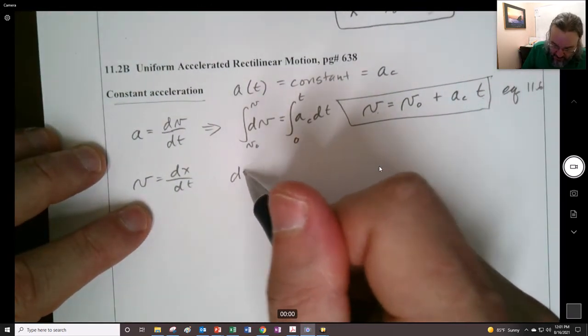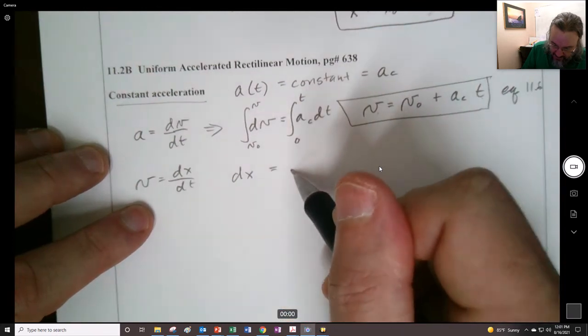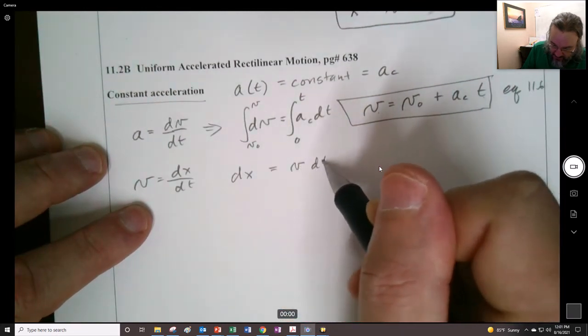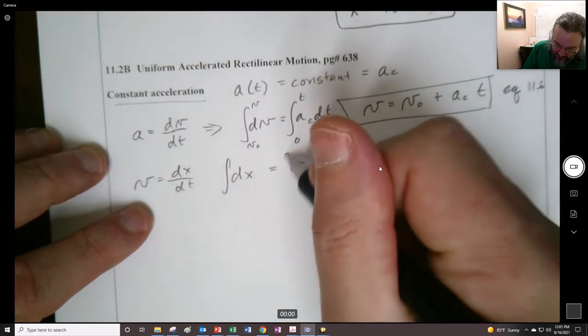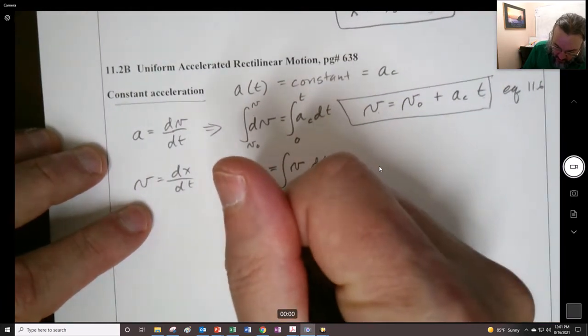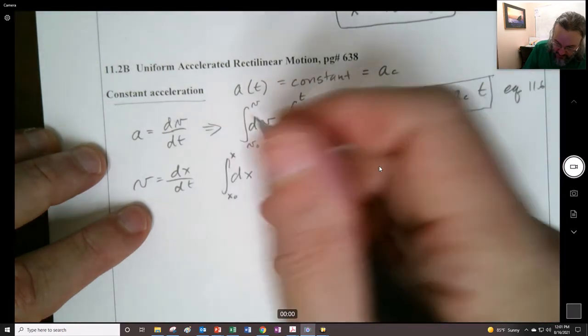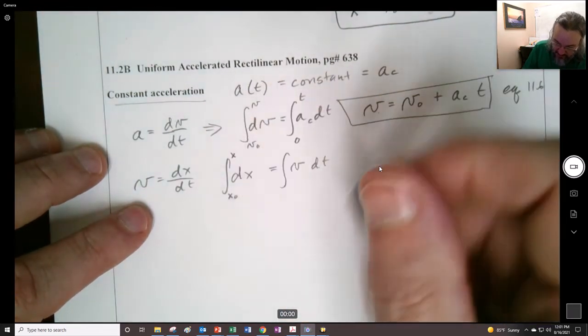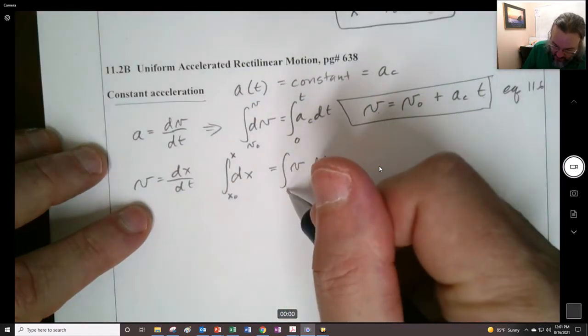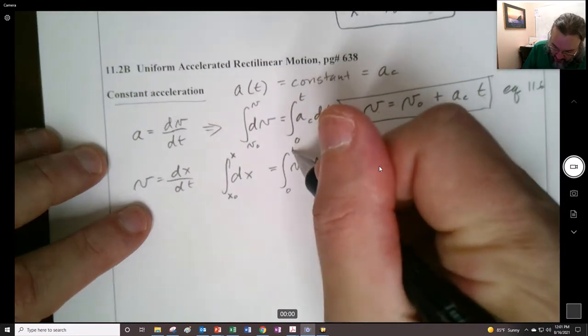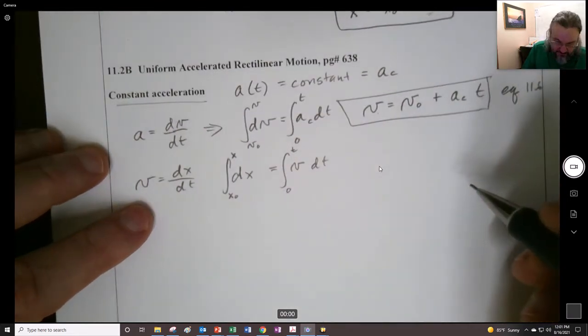So I rewrite this one and say dx is equal to v dt, and we can integrate from the original position to the final position, or to whatever, this is just a generic position, and we can start from time 0 to some time.